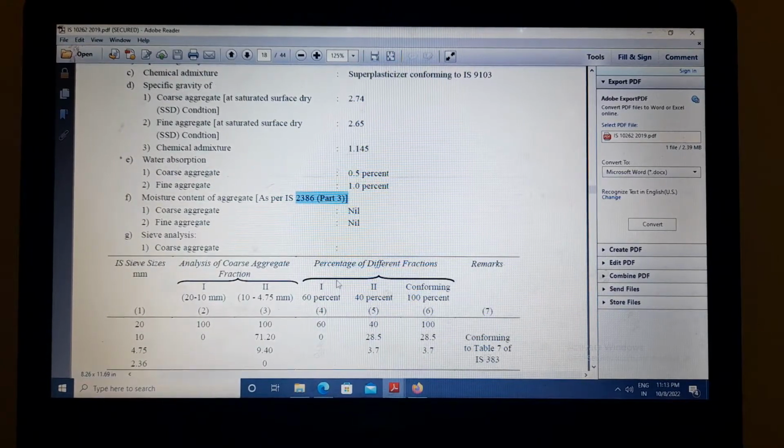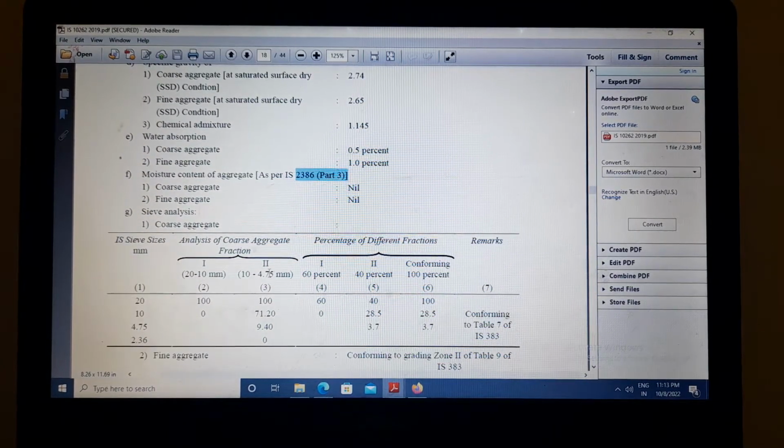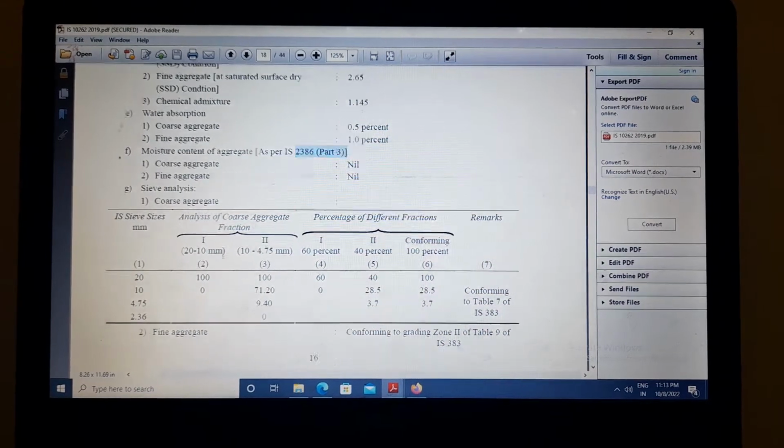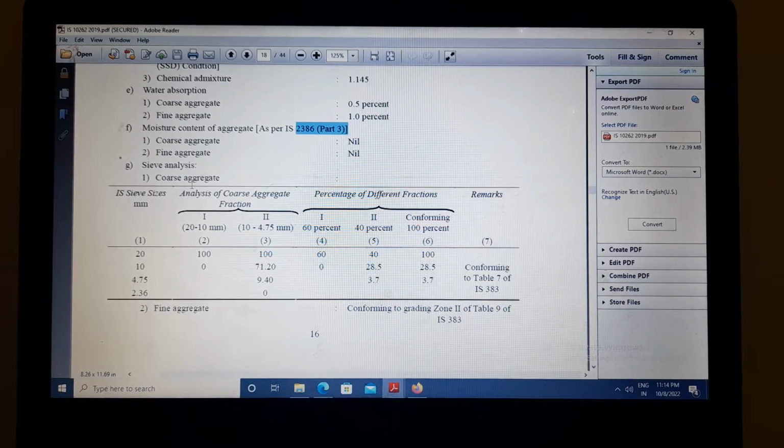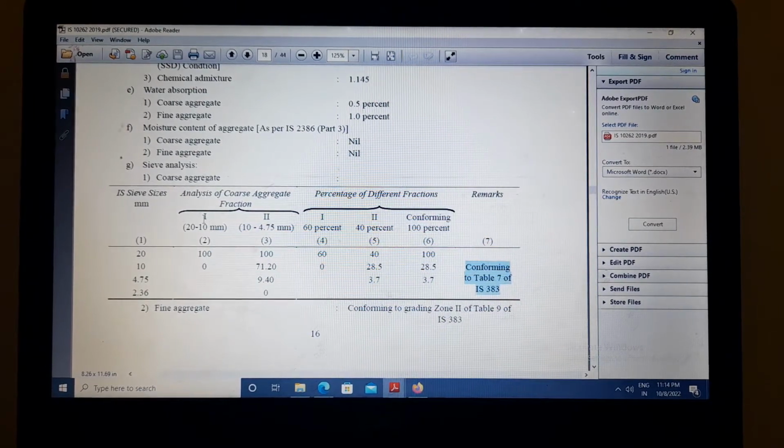And we need to check the sieve analysis of the aggregate. We need to check the sieve analysis for both coarse aggregate and fine aggregate. The combined grading of 20 mm and 10 mm aggregate should satisfy the requirement as given in table 7 of IS 383. You can see the individual gradation of 20 mm and 10 mm.